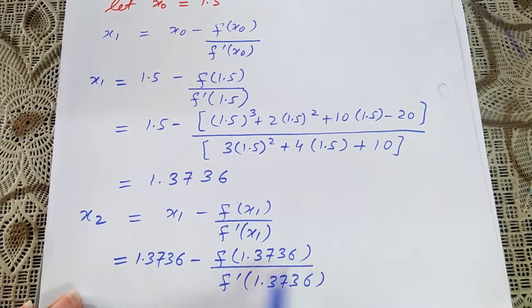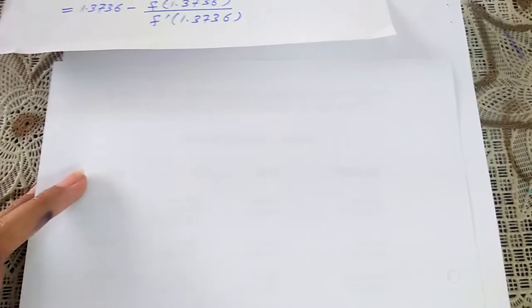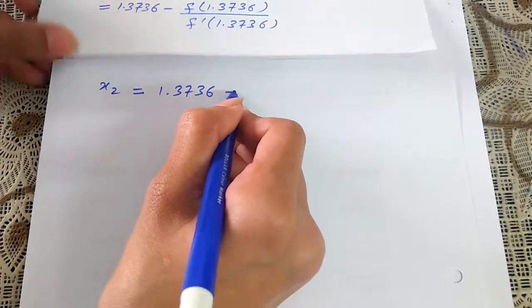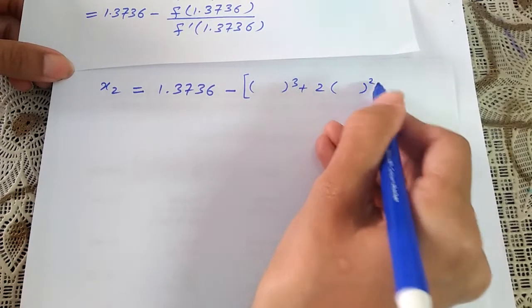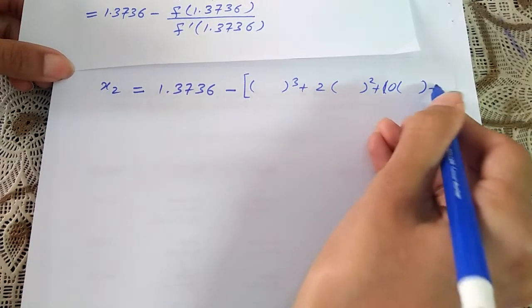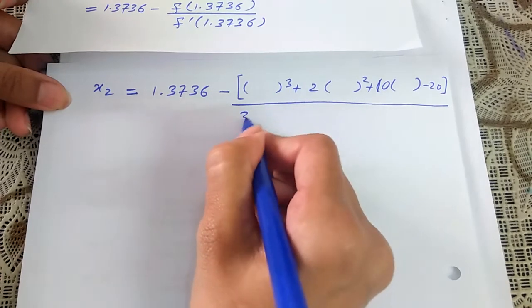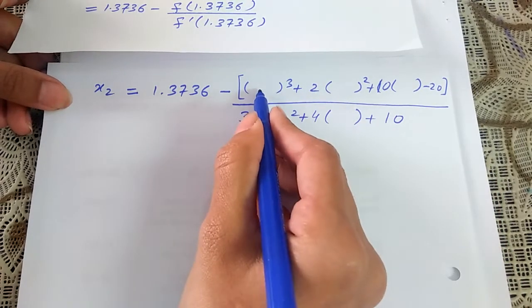Again use the format of f of x and f dash of x and replace x with this value. So x2 equals 1.3736 minus x cube plus 2x square plus 10 into x minus 20 divided by 3 into x square plus 4 into x plus 10. Now replace x with this value.